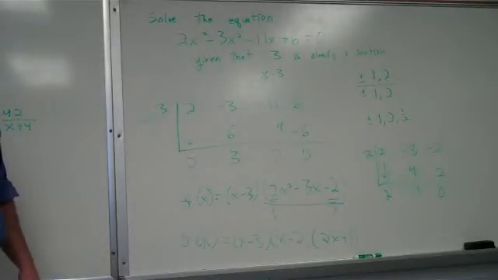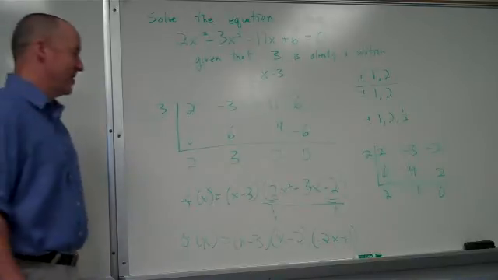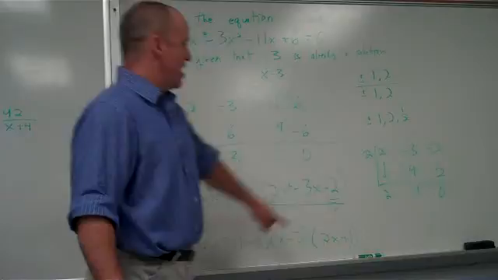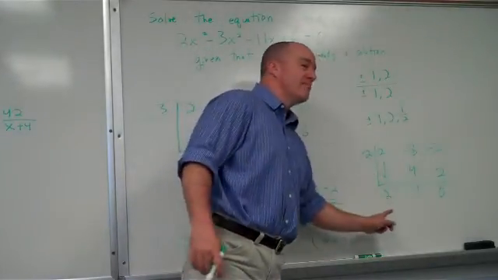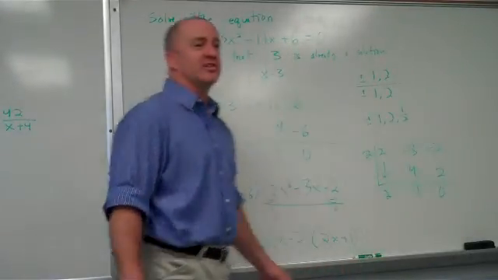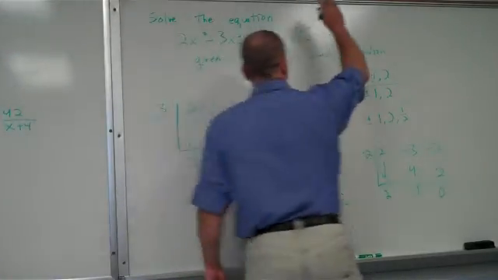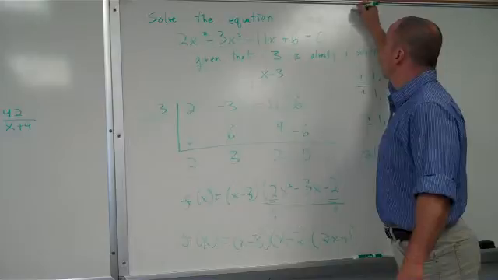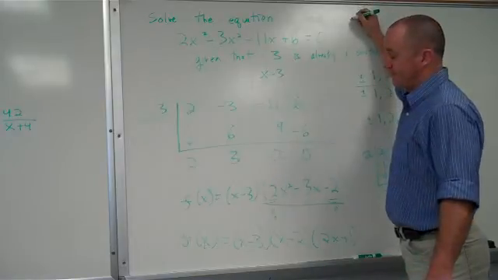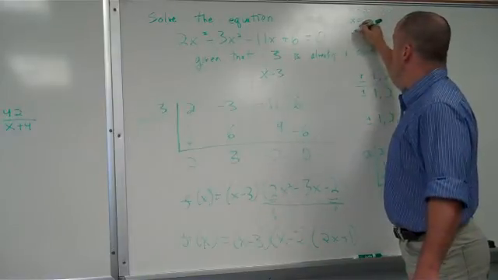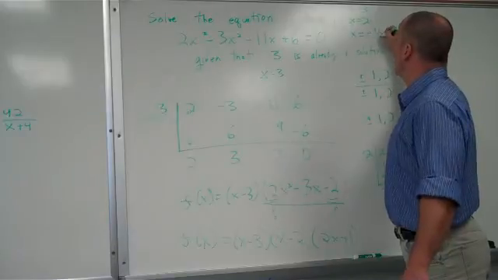I got no remainder here, so I had a 2 and a 1, which are the coefficients of the linear term. So now all the zeros that solve the equation are x equals 3, x equals 2, and x equals negative 1/2.